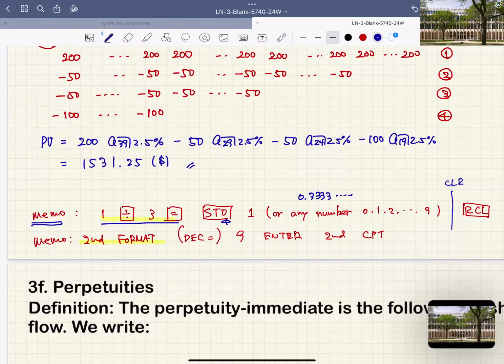Store key is the most left and the third line from the bottom. So STO key, and then you type 1, then you store this number in 1. Then later, if you want to refer to that number, you can type just the RCL, that is just below the store key, and RCL 1. Then you can use that number.